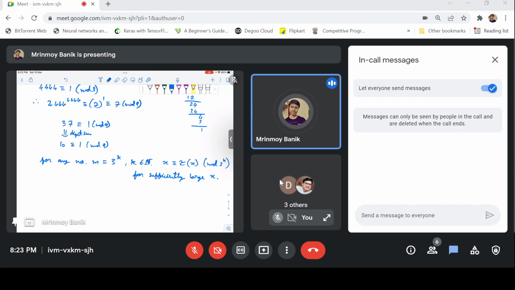So it's true for, just a minute, is it true for 3? Yes, it is true for 3. Like 37 is congruent to 1 mod 3 also, and 10 is also congruent to 1 mod 3.